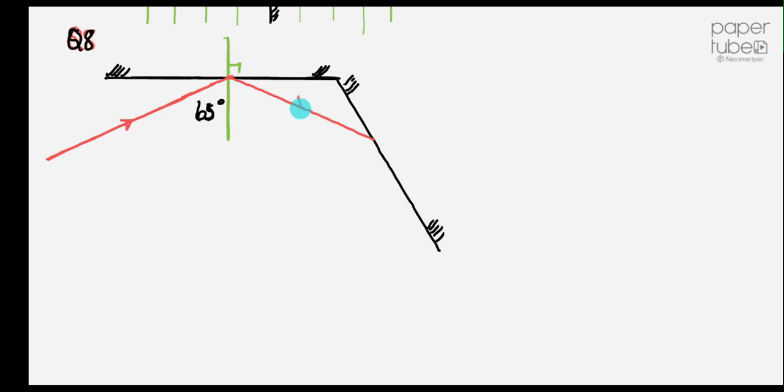There's the arrow to show what way it's going, and I now know that that's also 65 degrees, and that's 25 degrees, and that's 120. So 120 and 25 is 145, and 145 from 180 makes that one 35, so that angle in there is 35.